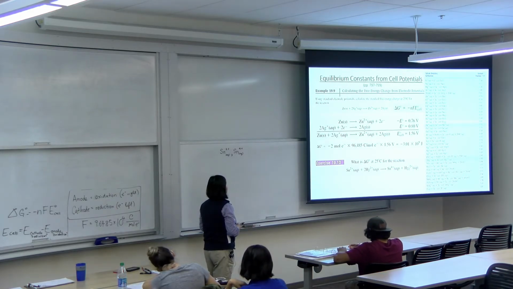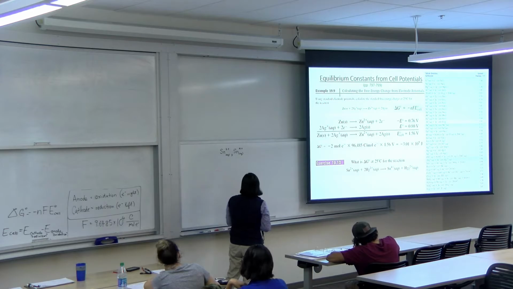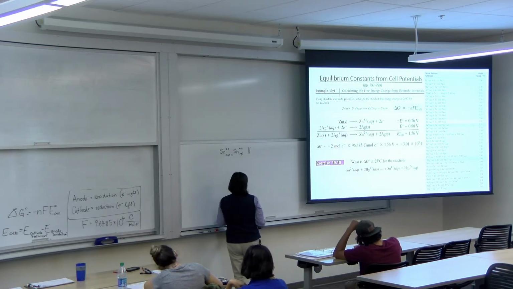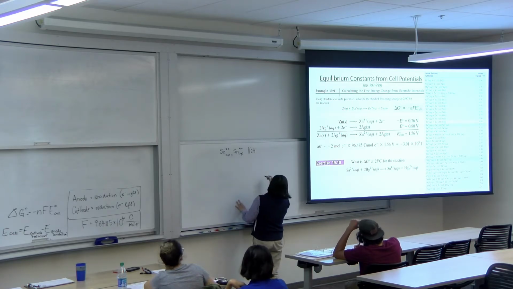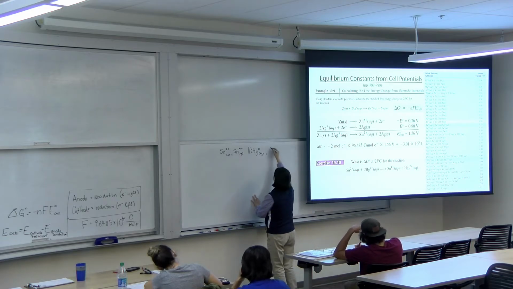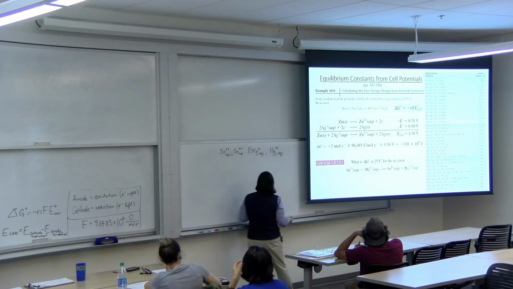It doesn't say what electrode I'm using, so I'm just not going to put it for now. And then I'm going from Hg2 2 plus to Hg2 plus.